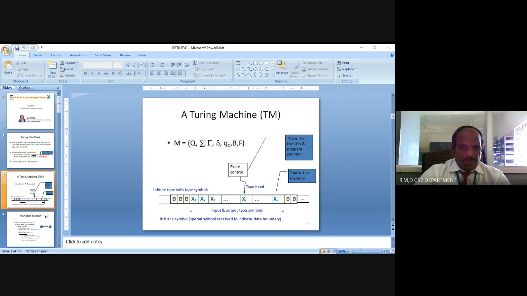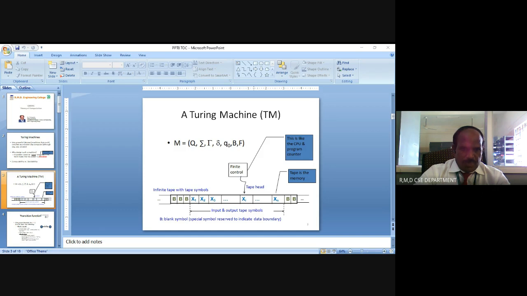So delta of Q, Xi equals P, Y, R is the same as X1 ... Xi minus 1, Q, Xi, Xi plus 1 ... Xn going to X1 ... Xi minus 1, Y, P, Xi plus 1 ... Xn, where Xi is replaced by Y and Q is replaced by P, which is the move of the Turing machine.